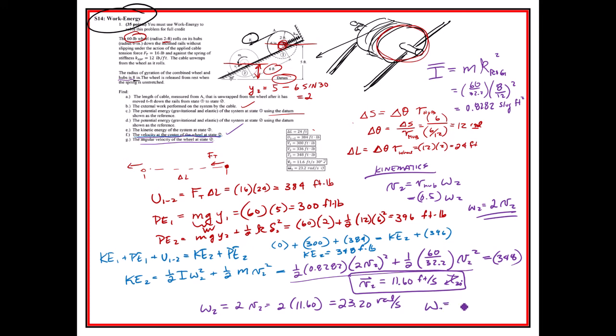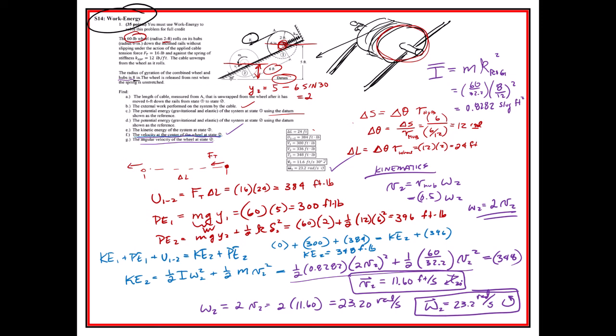We could just assume that they meant that we want the vector. So when we get the 23.2 radians per second, we could also say that it's moving down counterclockwise and make that a vector as well. So here's a work-energy problem.